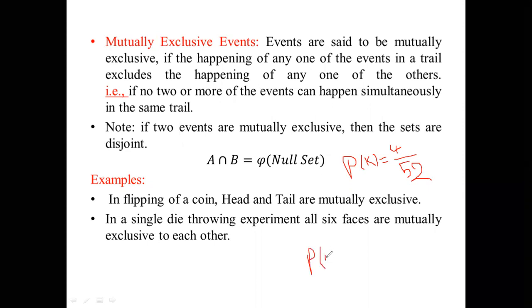The probability of getting A is again 4 by 52, as there are 4 A cards out of 52. So the intersection between these two events, probability of A intersection K, or K intersection A, is equal to 0. So we can say these two events are mutually exclusive events.